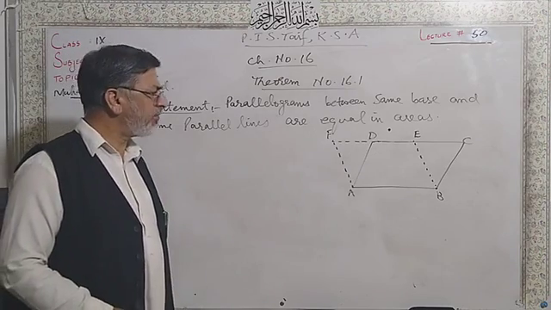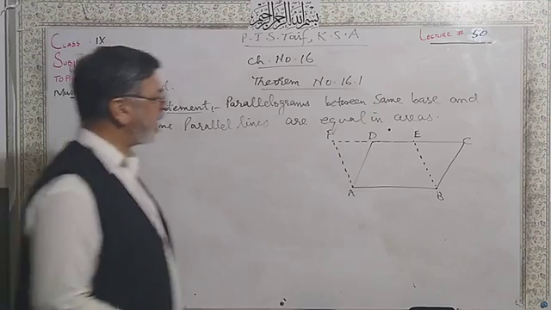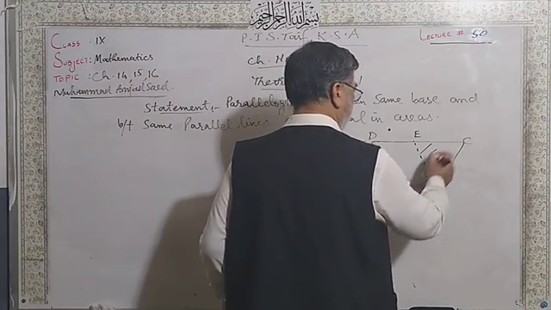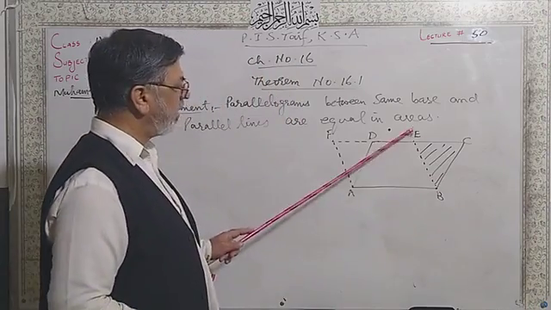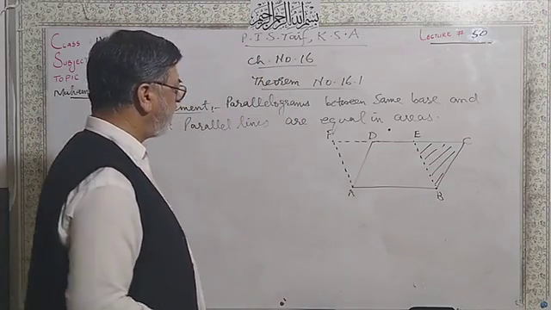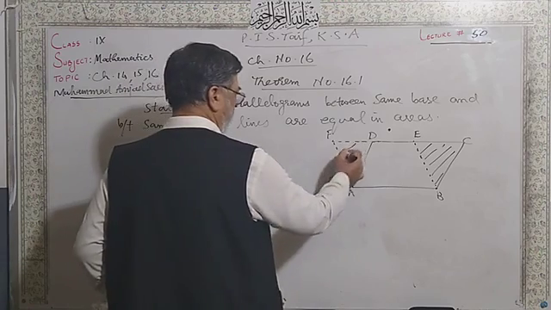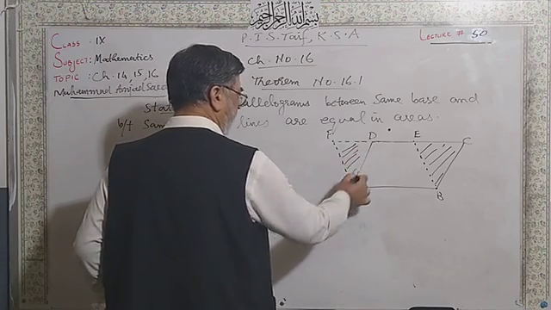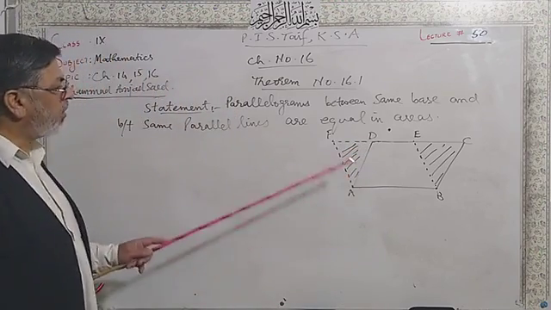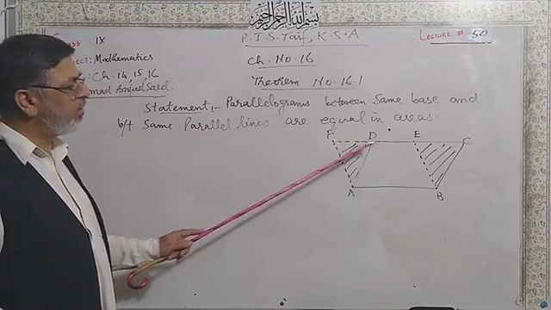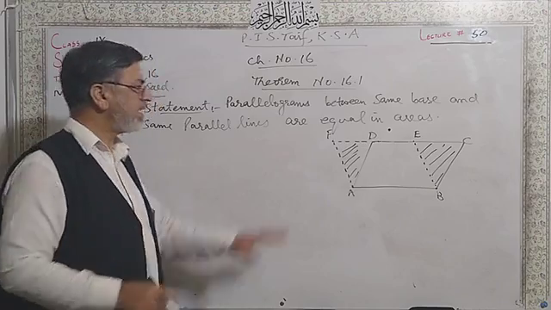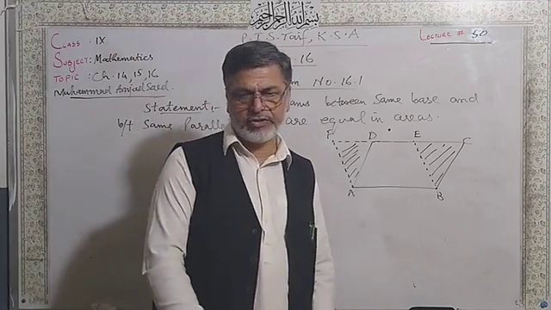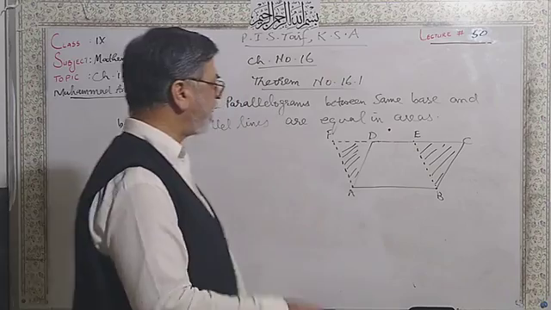If one way or another we can find that area of triangle EBC equals area of triangle FAD, then both parallelograms will have the same area. This is the key point in your theorem.